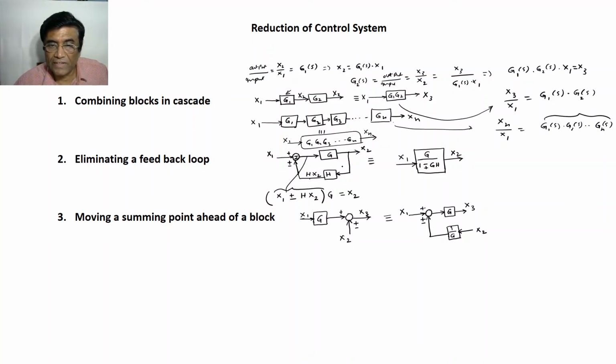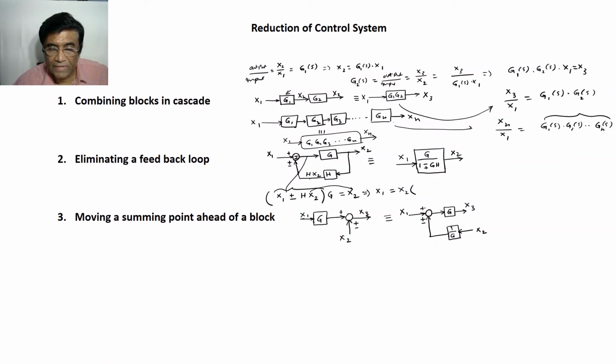So these and these are equivalent. From here I am getting this, you see. So this is x1 equals to x2, and take this here in this part. So this is a plus minus.